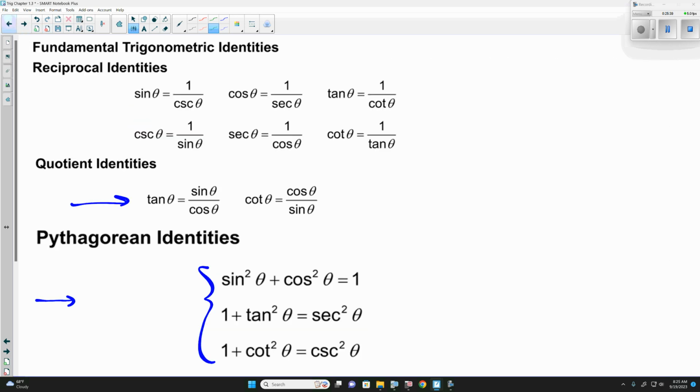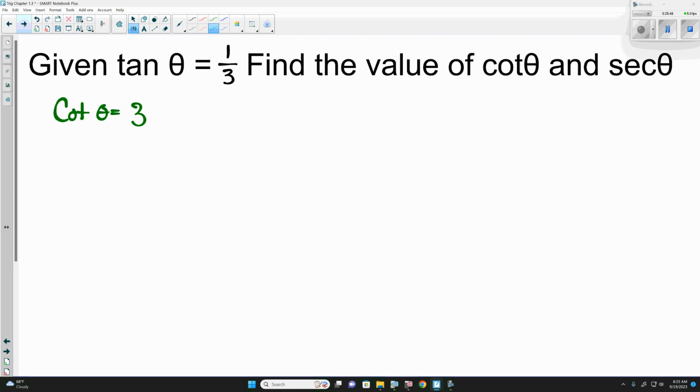Now, secant squared is equal to tangent squared plus 1. So to find secant, secant squared of theta is equal to tangent squared of theta plus 1.